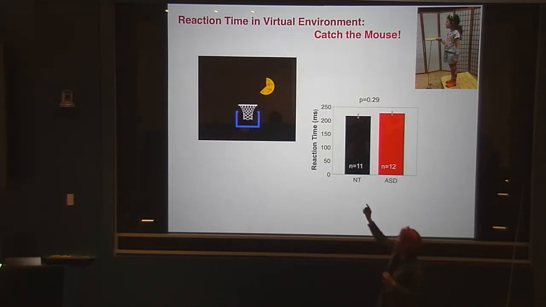And actually, there is some sound in the back that didn't play right now, but there are additional sound effects and rewards, and the children really like it. They're engaged, and therefore, I would say they show their best performance, and reaction time certainly doesn't differ from ASD to NT in our experiments.